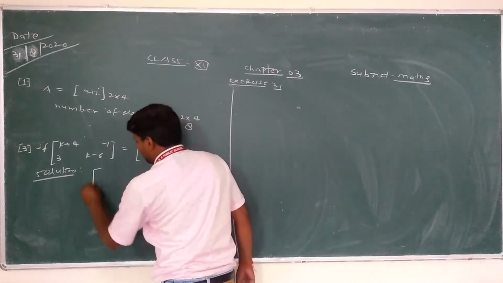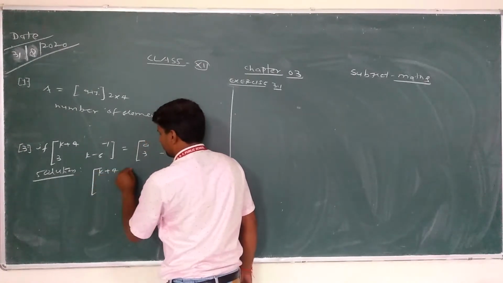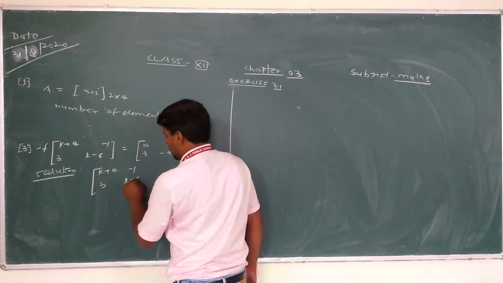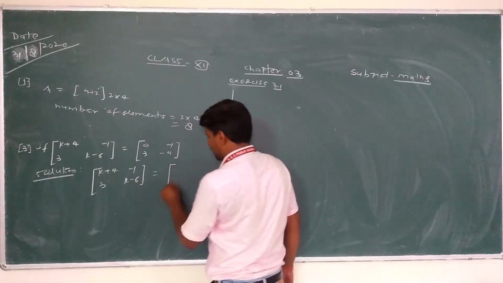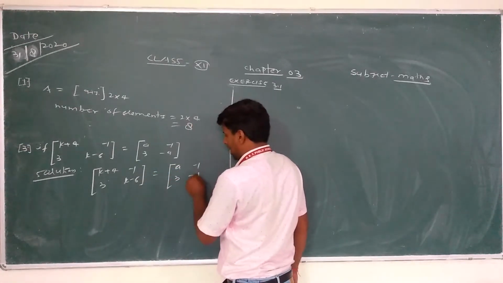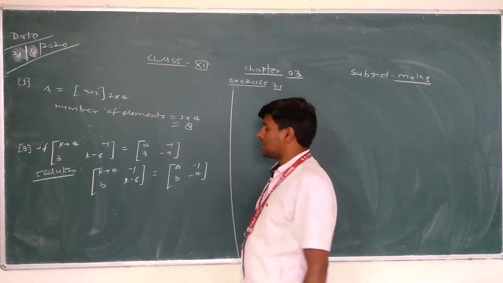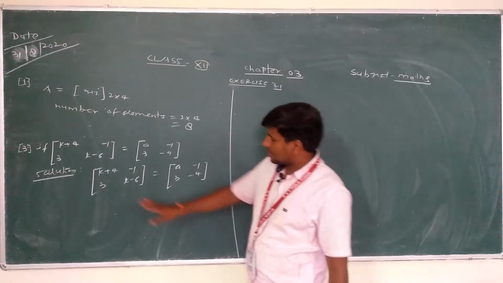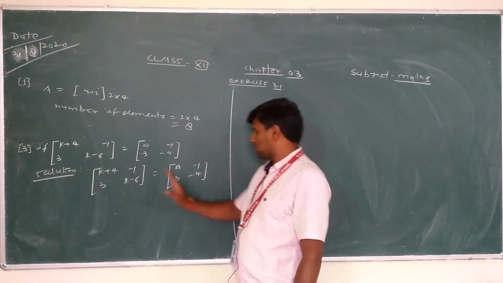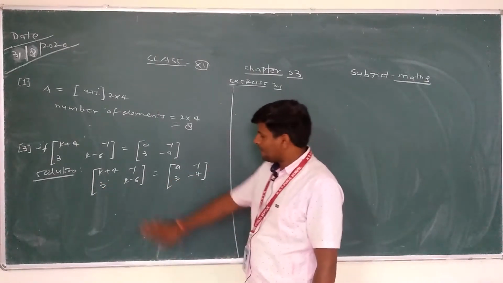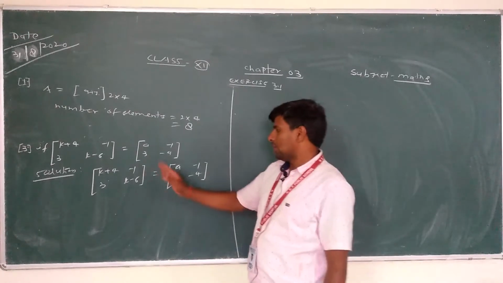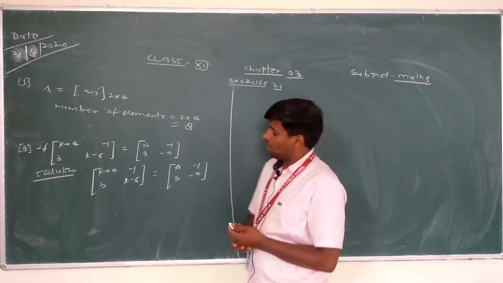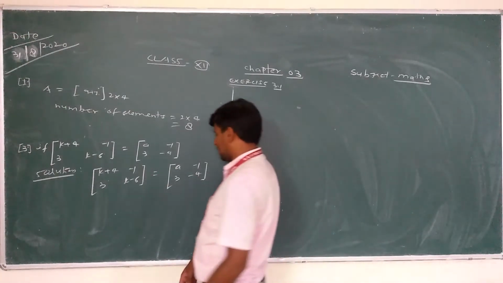You know that if two matrices are equal, then their corresponding elements are also equal. This matrix is 2 cross 2 and this matrix is also 2 cross 2, both are equal matrices, so their corresponding elements will also be equal. How can we find the corresponding elements?